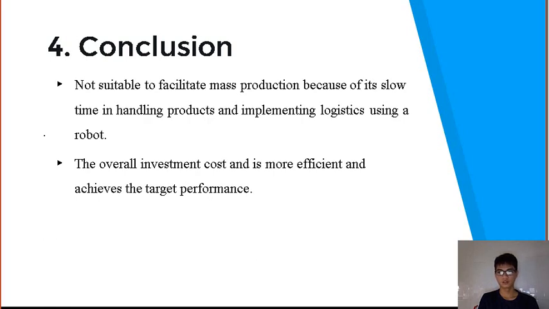In order to make the overall investment and cost more efficient and to achieve the target performance, the SCARA robot application, which can improve various functions, was suitable, and we finally constructed a completely automated line using optimized tools and robots.